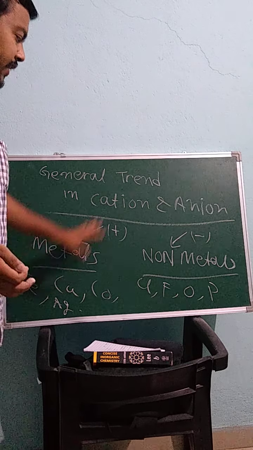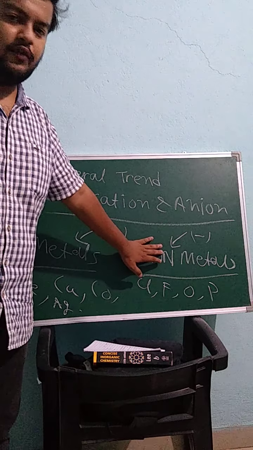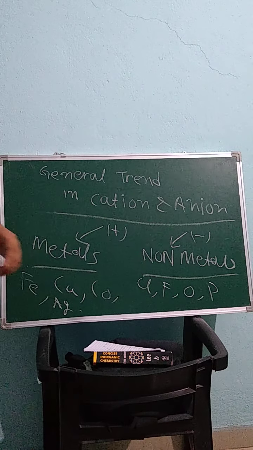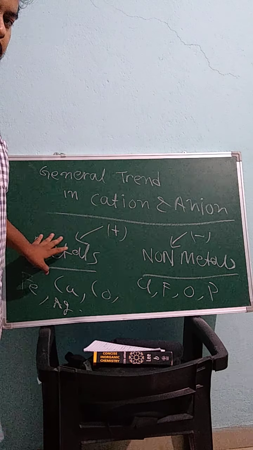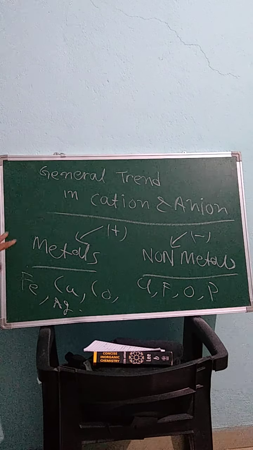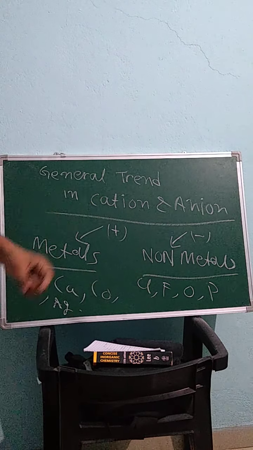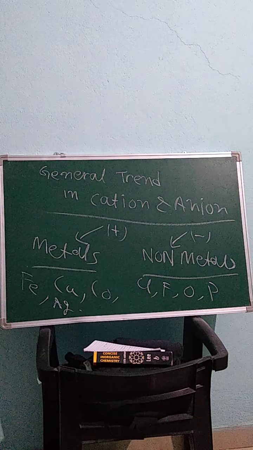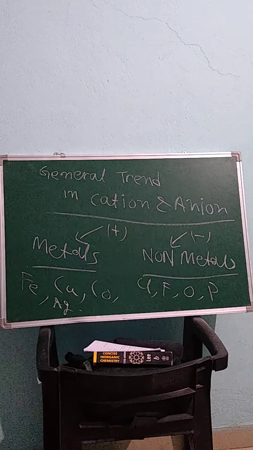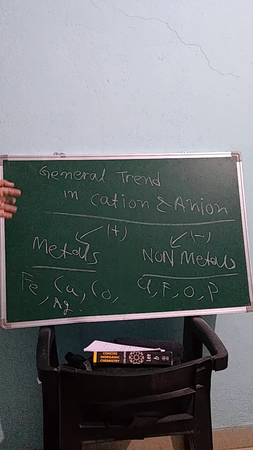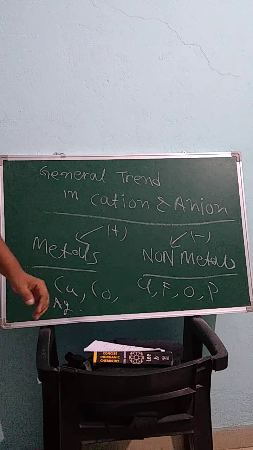Most of the cations are from metal and most of the anions are from non-metal. But there are some exceptions where the non-metals can also form a cation, and there are some examples when metals can also form anions. So this is a general trend in case of cation and anion formation. Most of the time, cation will be from metal atoms and anions will be from non-metal atoms.